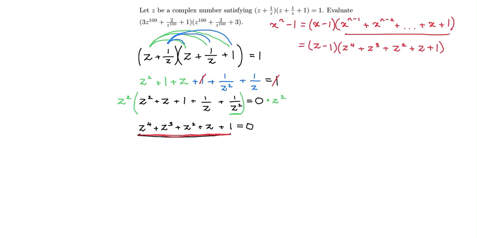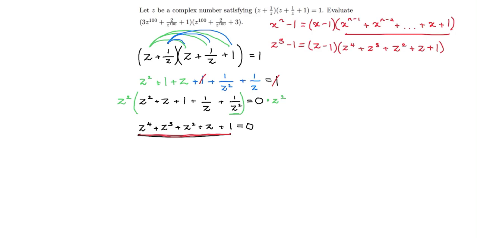Finally, we notice that the final polynomial of this formula should be z to the 5th minus 1. All right. Now let's solve for our desired factor by dividing both sides by z minus 1.